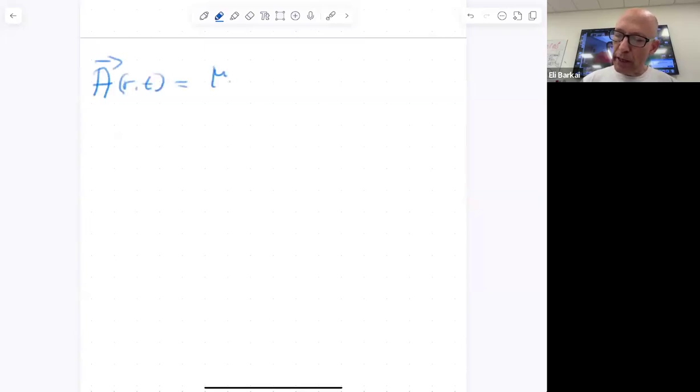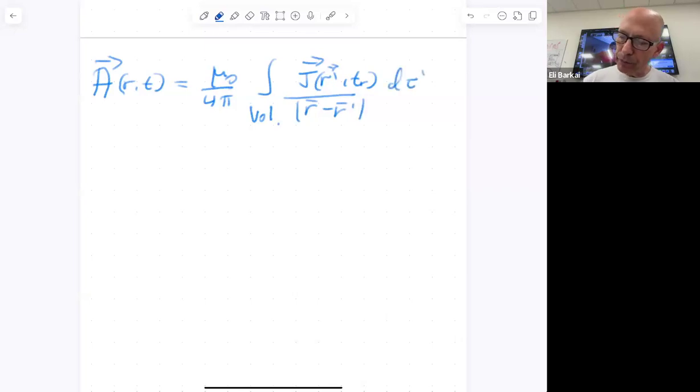I'm actually not sure I gave it in the previous class, but this is a super important general equation that I will explain now. A(r,t) equals mu naught over 4 pi, integral of J(r', t_R) over script R, d tau. It's not specific for our problem.